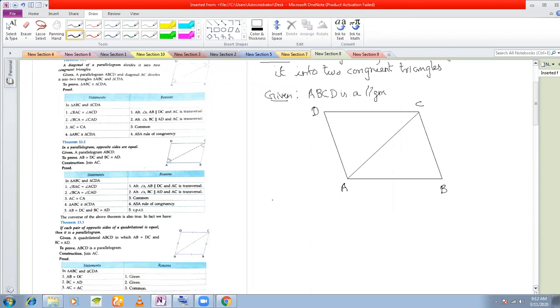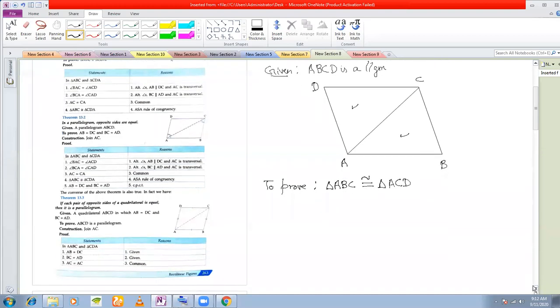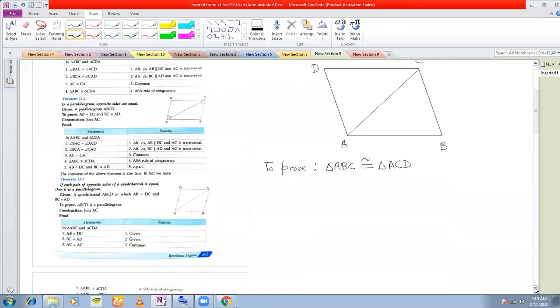Now you see what you have to prove. To prove here that these two triangles are congruent: triangle ABC congruent to triangle ACD. So these two triangles we need to prove congruent.